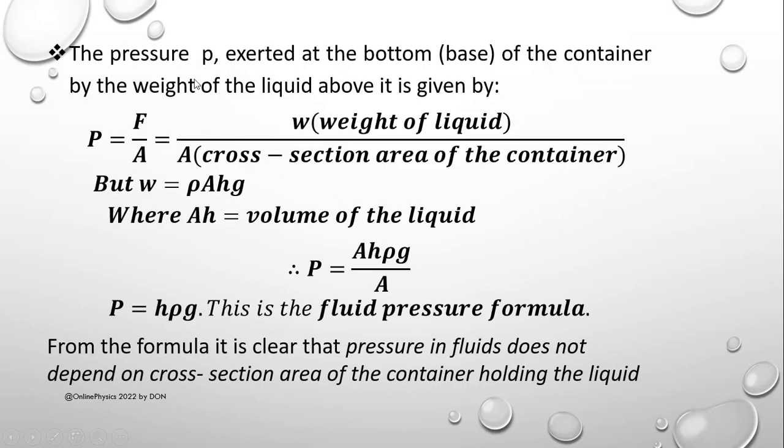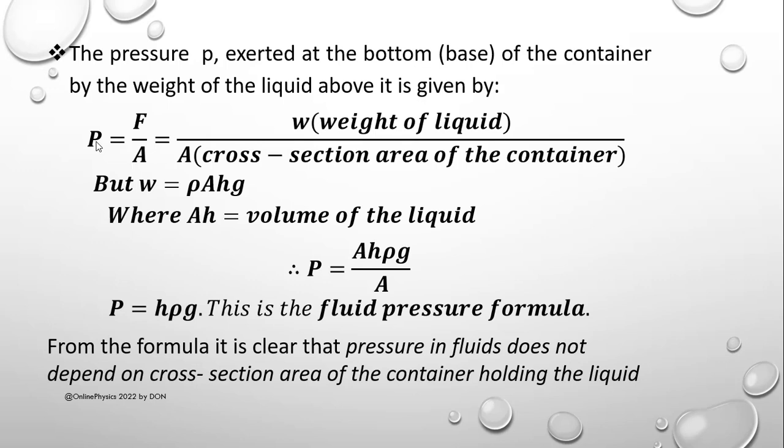From that part, we can determine the pressure P exerted at the bottom base of the column of the container by the weight of the liquid above it. Now, from the definition, we know that pressure is equal to force over area, and force is a weight. In this case, we are looking at the weight of the liquid. So how do we find the weight of the liquid?